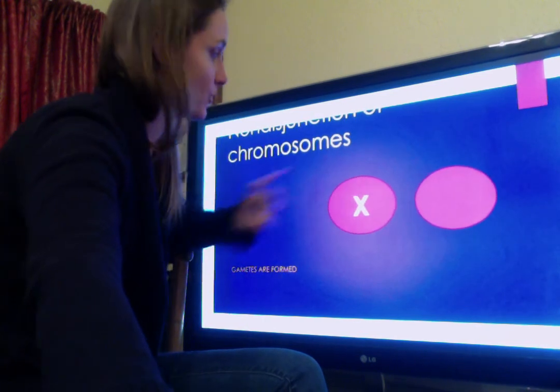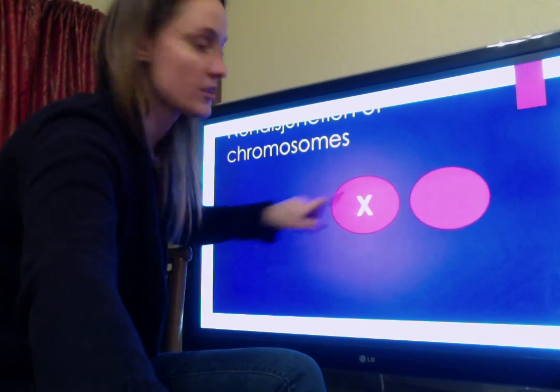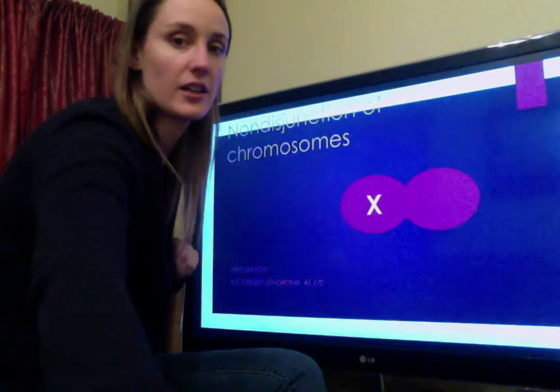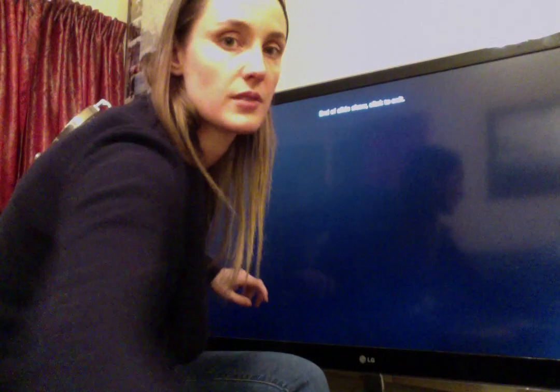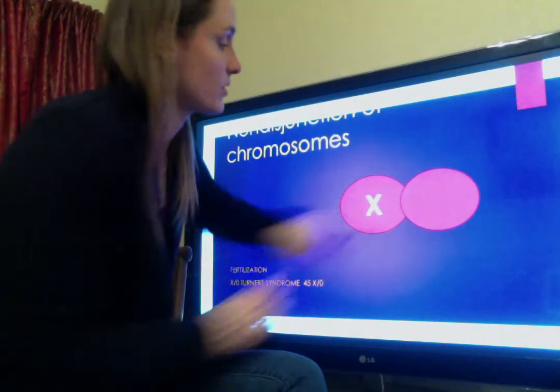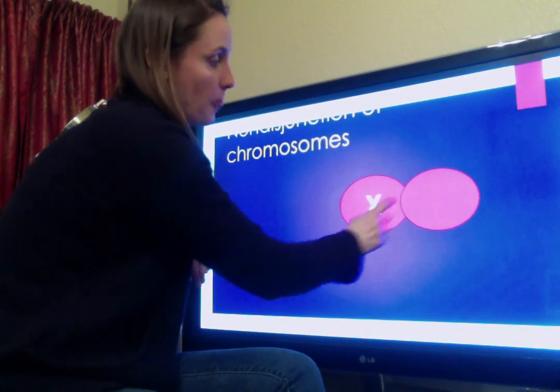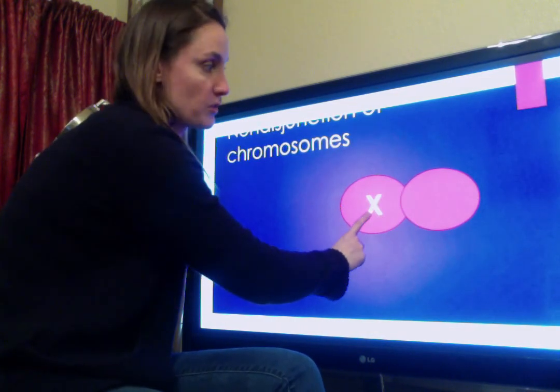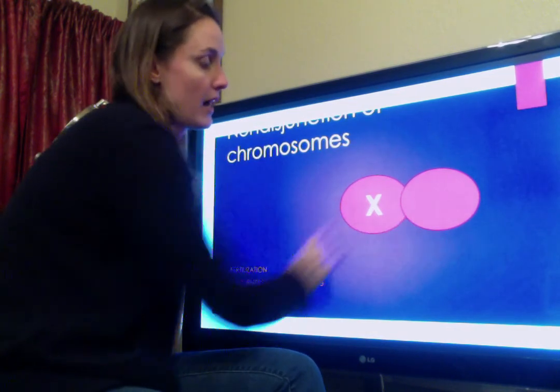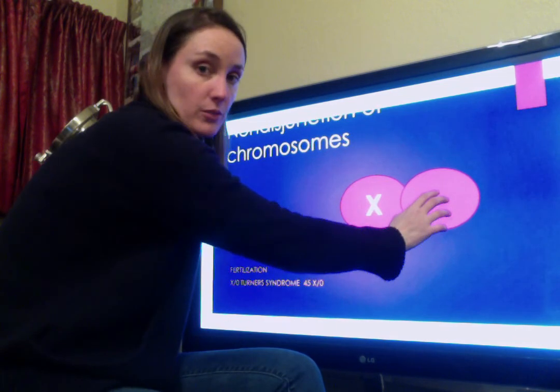and they start to join. So here's the sperm, here's the egg. And the sperm and the egg join, and you notice we only have one X chromosome now. We don't have a second chromosome.